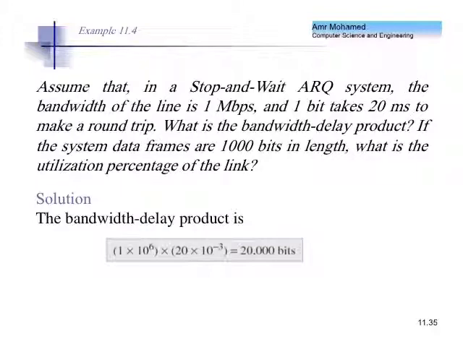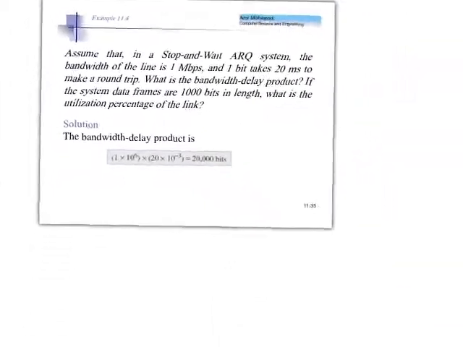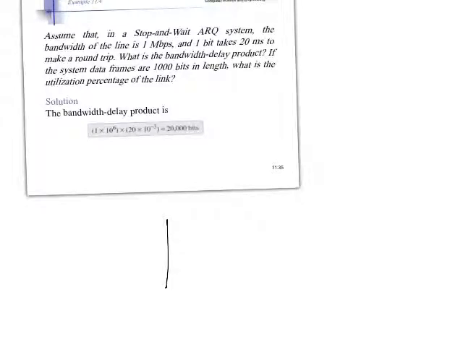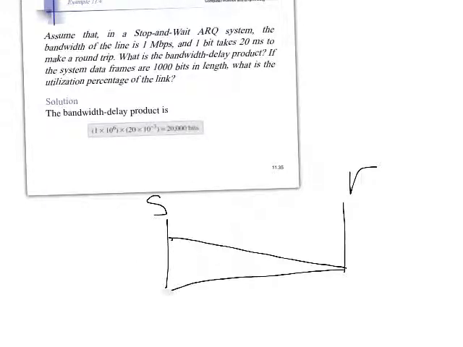If 1 bit, which means that when the sender sends a bit, it will go to the receiver and come back in 20 milliseconds. Okay, so this single bit will go to the receiver and come back in 20 milliseconds, which is the round trip time for this bit.